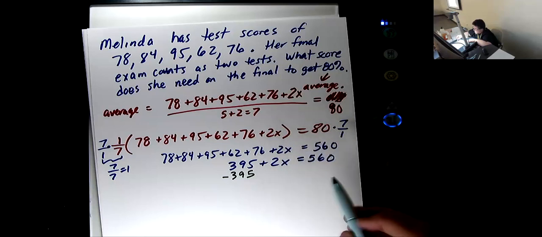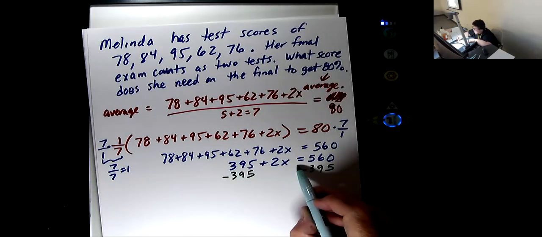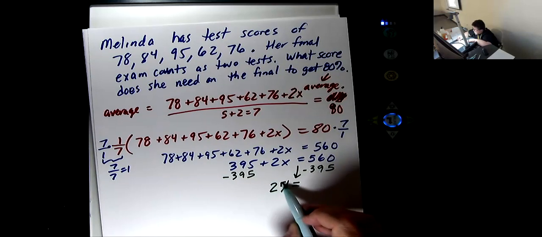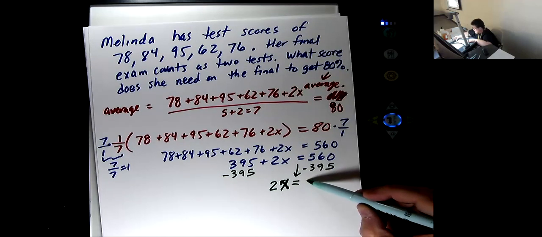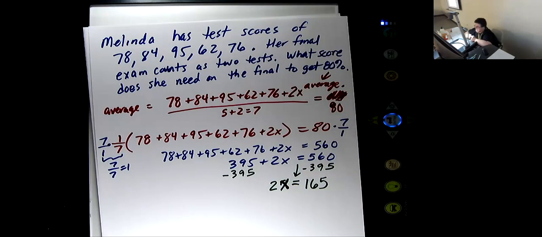And so 395 is added to it, we're going to subtract 395 from it. I think that's 165. 560 minus 395. Yeah. Okay.